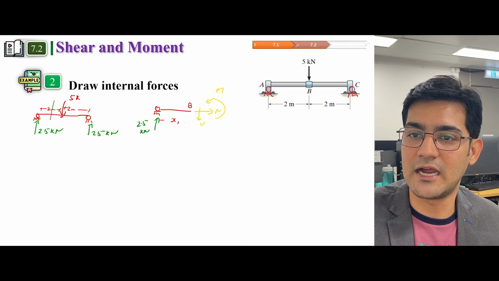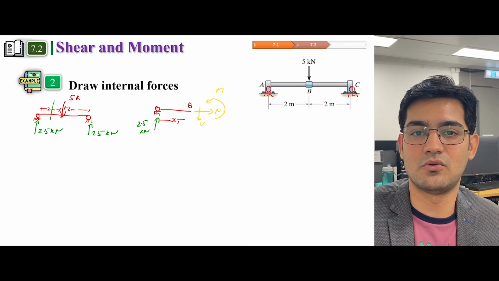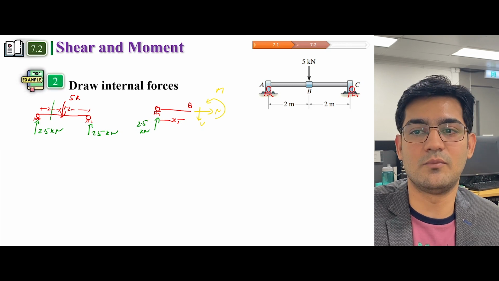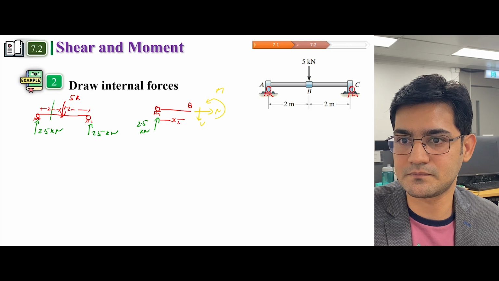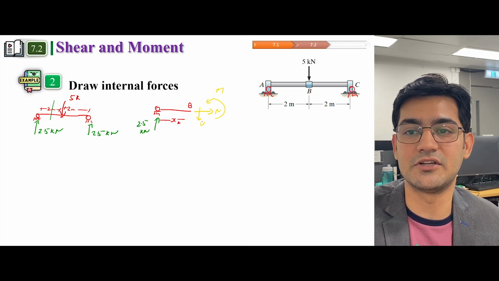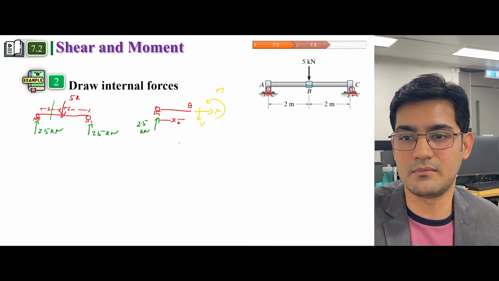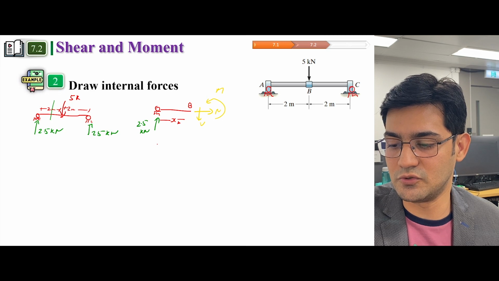For that purpose, we need to have this distance as a variable. So instead of putting just some value, I will put a variable name. Let's say this is x, and then I can calculate these internal forces by applying equilibrium equations. So let's try to do this.